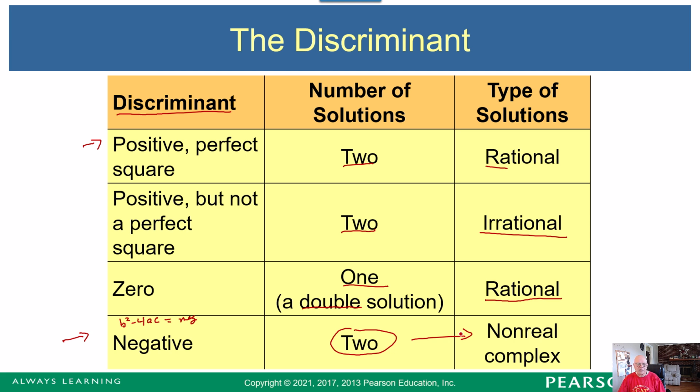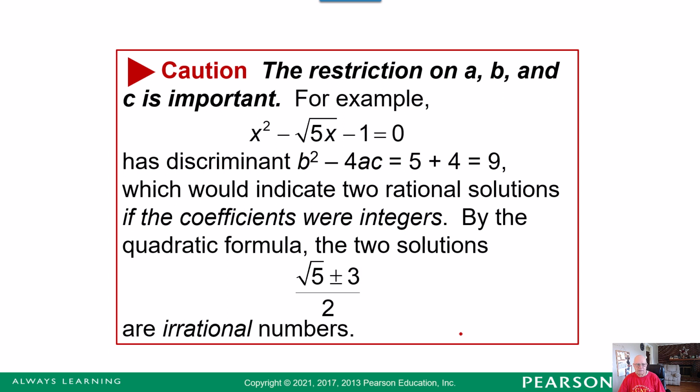So let's take a look at the discriminant for each of these. First of all, notice we've got the 0, so we can pick A, B, and C. So pick out the A, the B, and the C, and calculate the discriminant. If you want to, you can call it capital D. And see whether it's positive, negative, or 0.